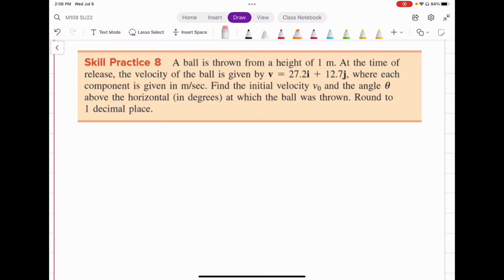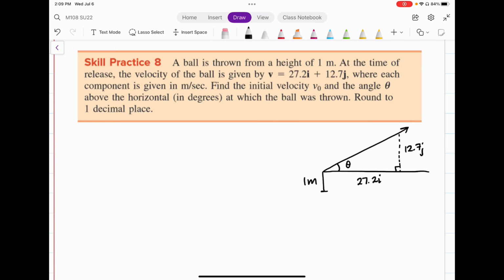A ball is thrown from a height of 1 meter. At the time of release, the velocity of the ball is given by the vector 27.2i plus 12.7j, where each component is given in meters per second. Find the initial velocity and the angle above the horizontal at which the ball is thrown, rounding to 1 decimal place. Let's draw a picture of this. We have our angle theta.